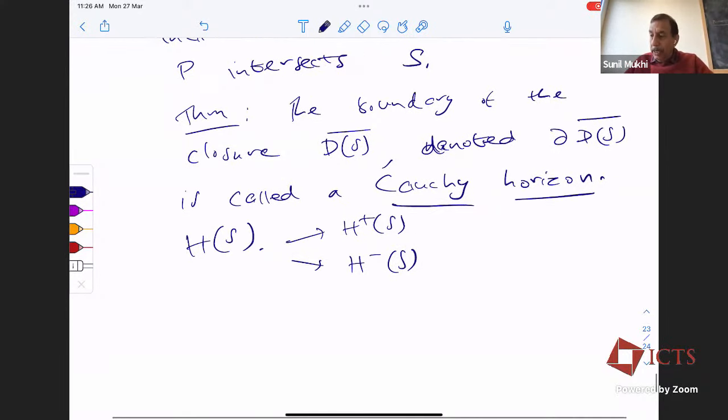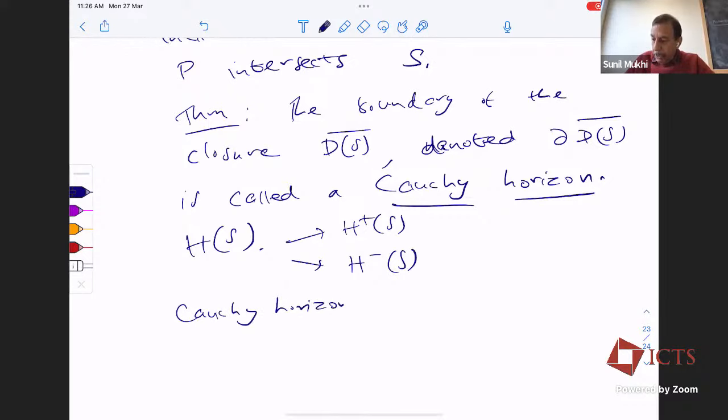Okay. And why do we define a Cauchy horizon? Well, let's give the statement. The Cauchy horizon has a separating property.